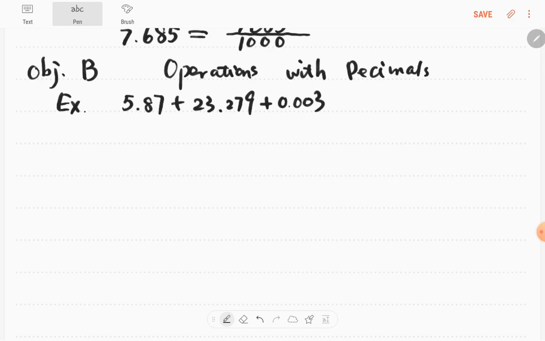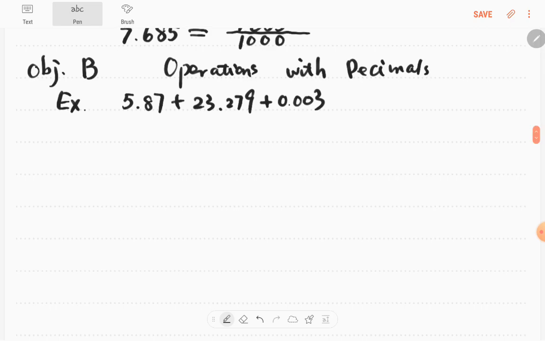Okay, let's check this one. We use the vertical form to do it. 5.87 plus 23.279 plus 0.003.